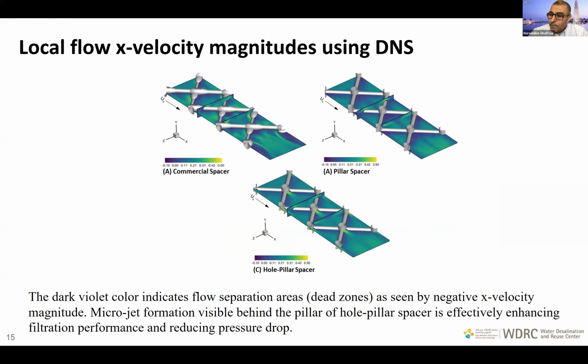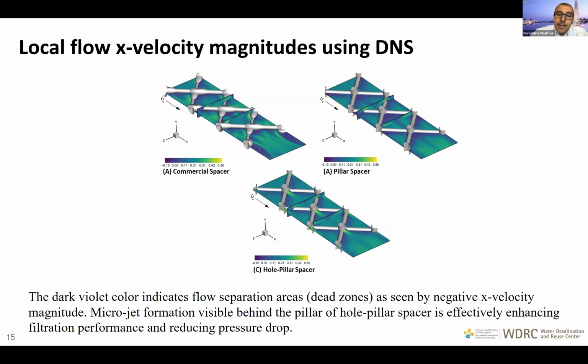The DNS also showed a very good performance, exactly what has been shown in the experiments. As you can see here, the dark violet color indicates the flow separation area, which is the dead zones created by the commercial spacer.